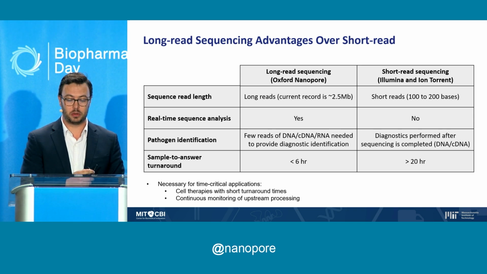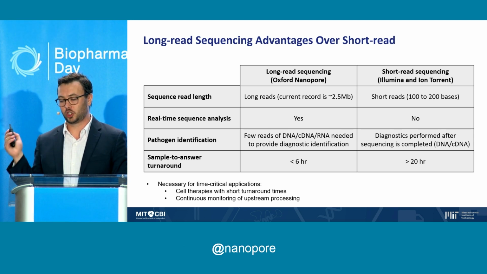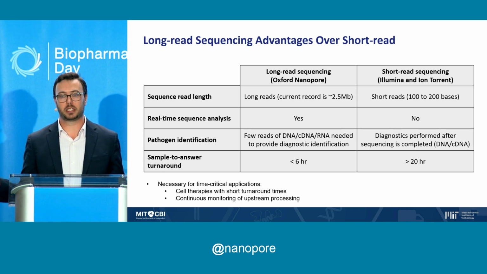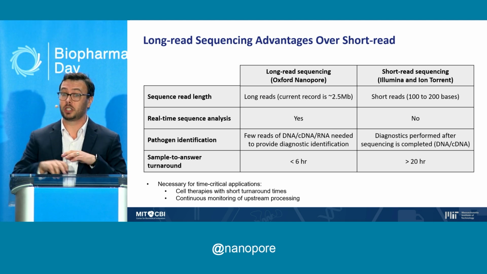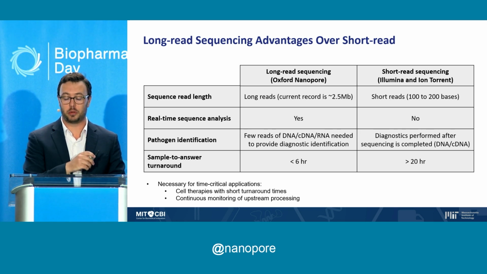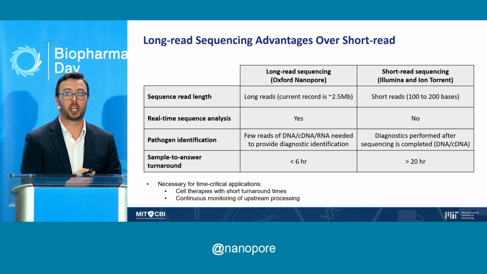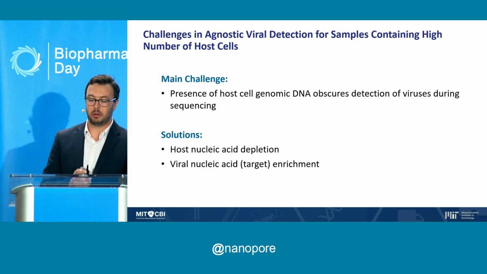Also, nanopore sequencing allows for real-time sequencing analysis, and the sample to turnaround time is much shorter than short read sequencing, where you have to wait for the entire sequencing run to complete before you can start your analysis. And this is especially critical for applications, as I mentioned before, like cell therapies or doing continuous monitoring of, say, an upstream process. But there are still challenges that remain.